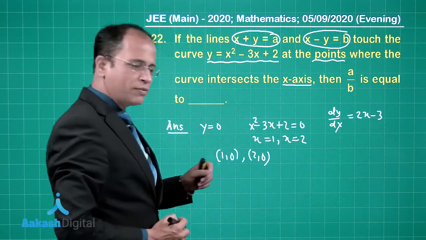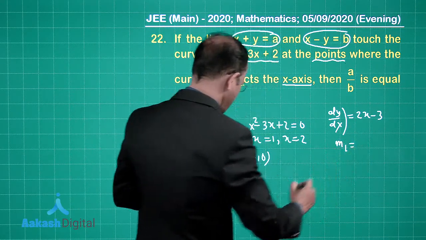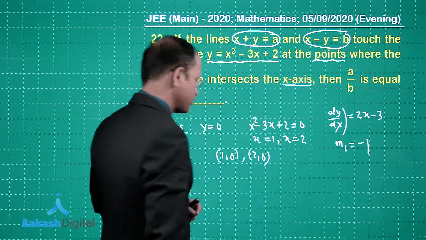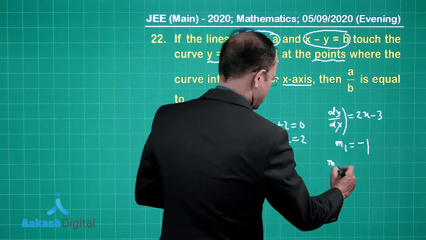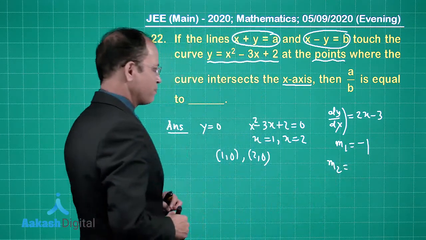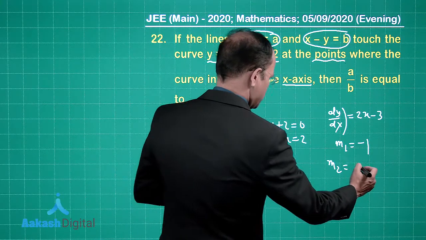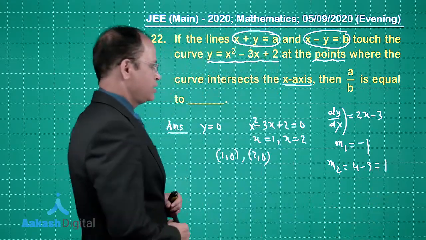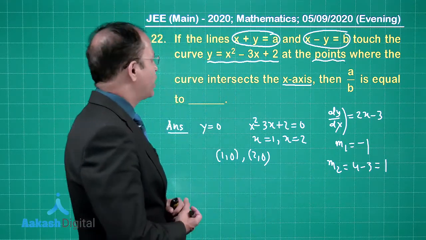At the point 1, 0, the slope m1 is minus 1. Now the second slope, at the point 2, 0, is 2 times 2, that is 4 minus 3, which is 1. So the two slopes m1 and m2 are minus 1 and 1.